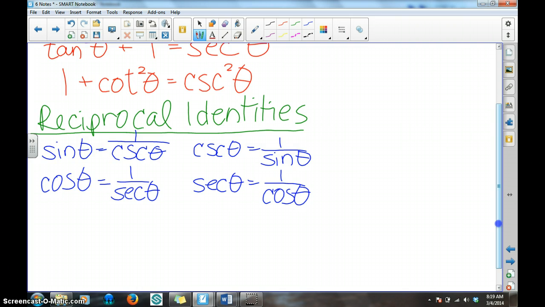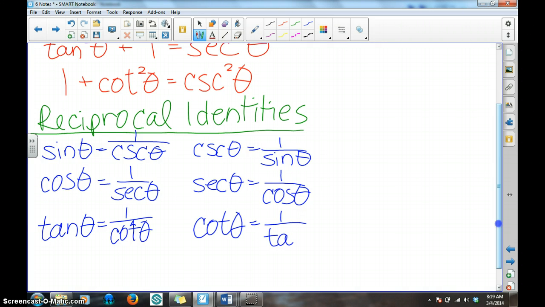Meaning every one of these is a legitimate substitution when you're looking to simplify. And finally, all I'm doing here is flipping. So in case you're wondering why I'm not calling this sine over cosine, that's a different named identity. And cotangent, just the flip, is 1 over tan. Those are your reciprocal identities.